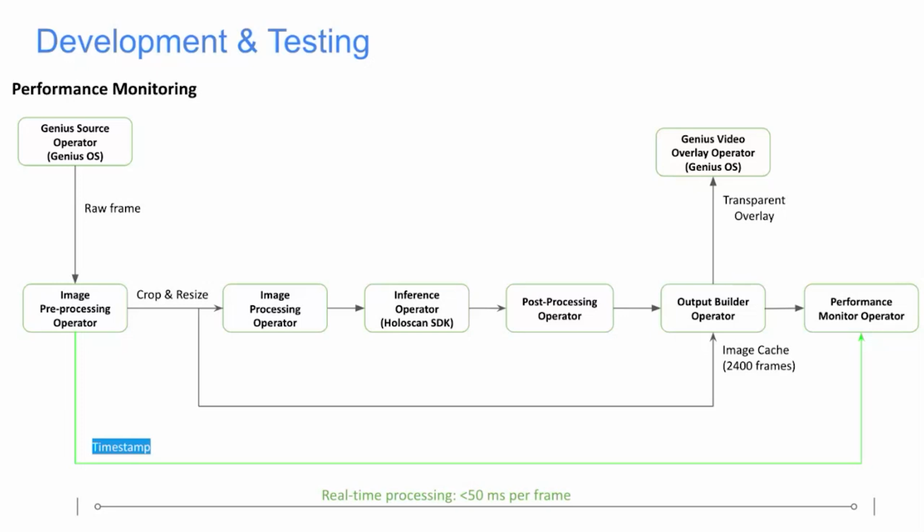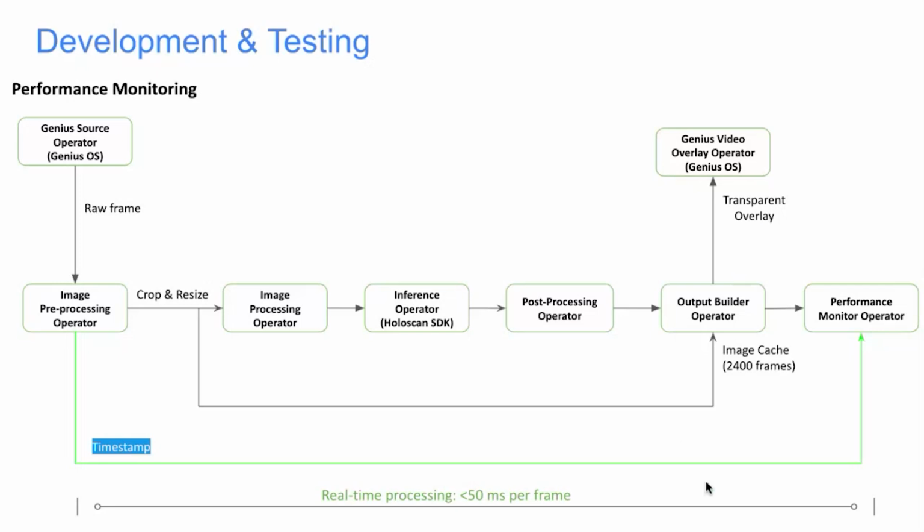This we found very useful. Since our requirement was to finish the pipeline within 50 milliseconds, we added another edge in this graph, which transmits the timestamp at which it received the image and the time it took for the output builder to finish its work and create the transparent overlay.